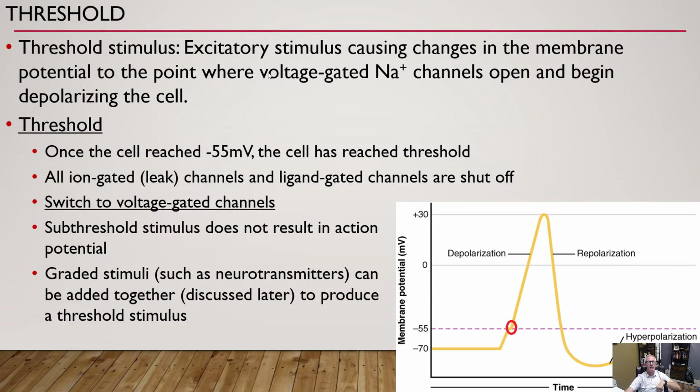Now, we mentioned last chapter this definition of threshold or threshold stimulus. It's basically an excitatory stimulus that causes changes in this membrane potential, and I'll just read the definition, where voltage-gated sodium channels open up and begin depolarizing the cell.